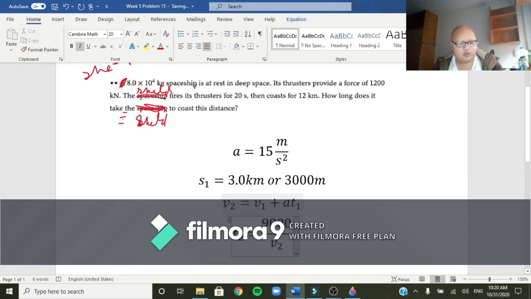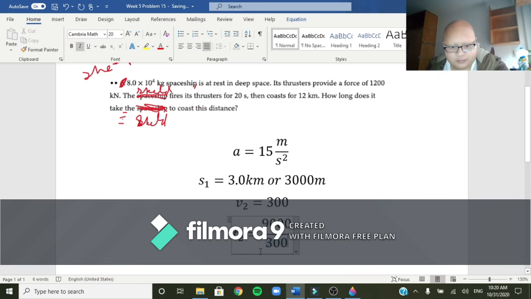But we don't have V2, so we have to get another equation for two unknowns. We need to plug in some numbers. Since V1 is zero, we can just knock it out. We already have acceleration, which is 15 meters per second squared, and then we have T1, which is given as 20 seconds. 15 times 20 is 300, so V2 is 300.